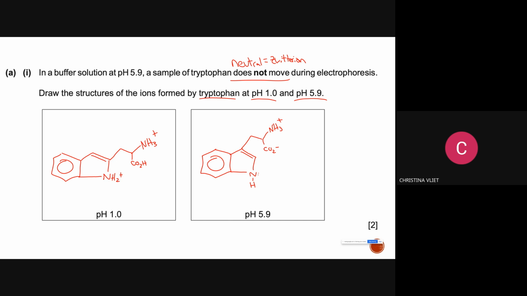Yes, Andrea. Here, low pH. Low pH means you have to acidify everything.